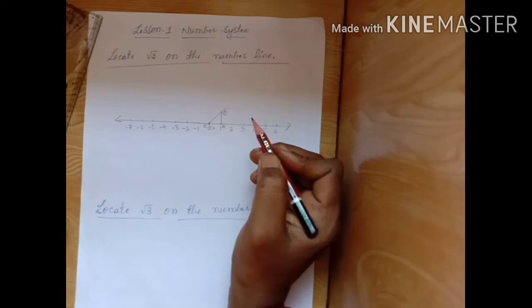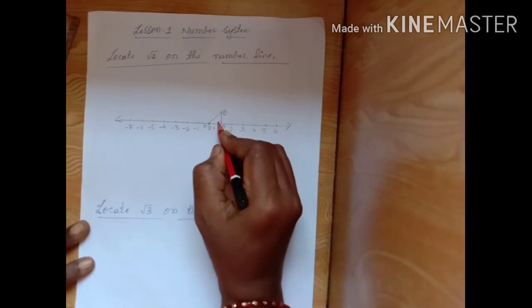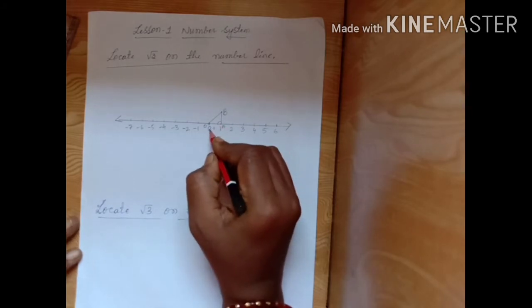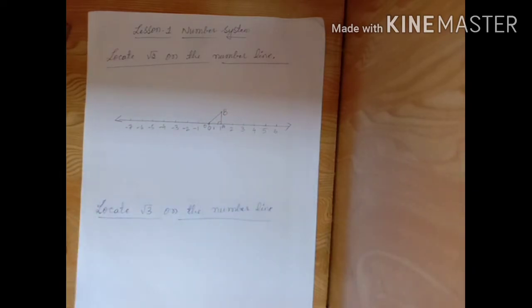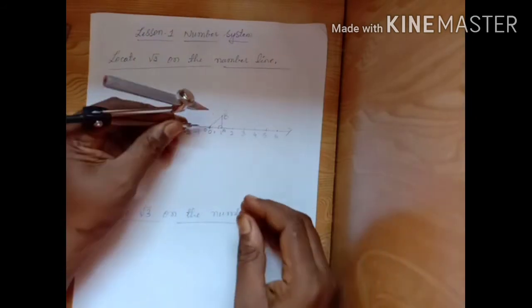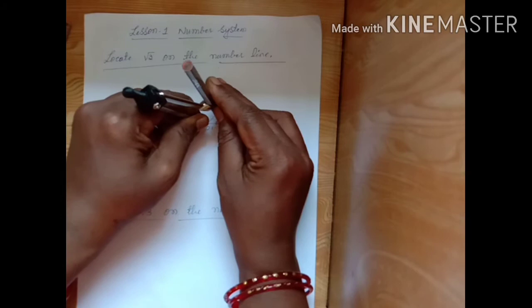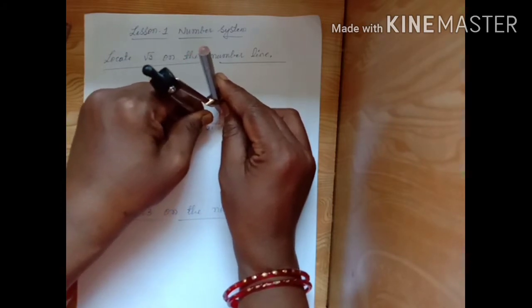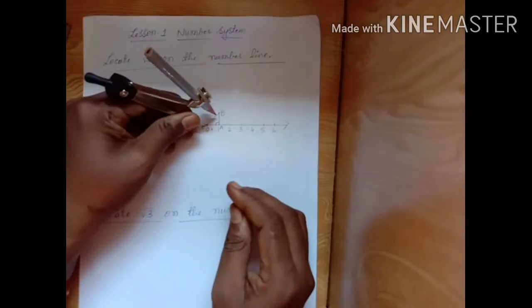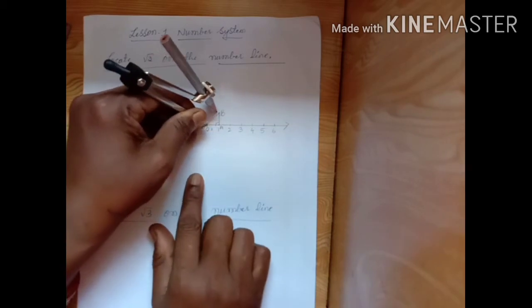Join OB. Okay, now after joining, so we got here what type of triangle? Right angle triangle, that is OAB. Okay, now what we have to do is, with the help of the compass, measure OB, and with the help of that, O as center and OB as radius.